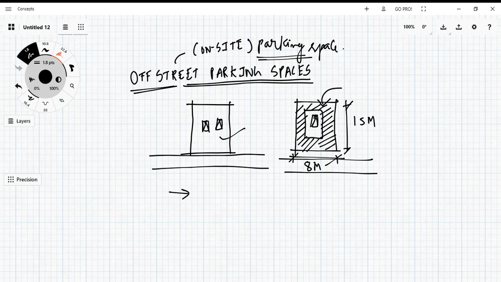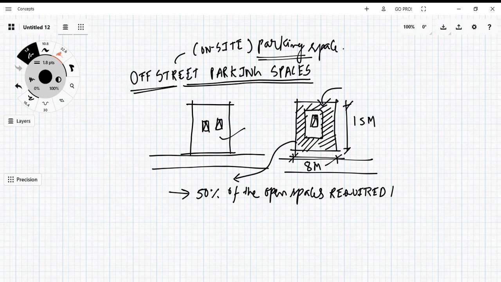What it is saying is 50% of the mandatory open spaces, the setback areas, 50% of the open spaces required for the building may be utilized.